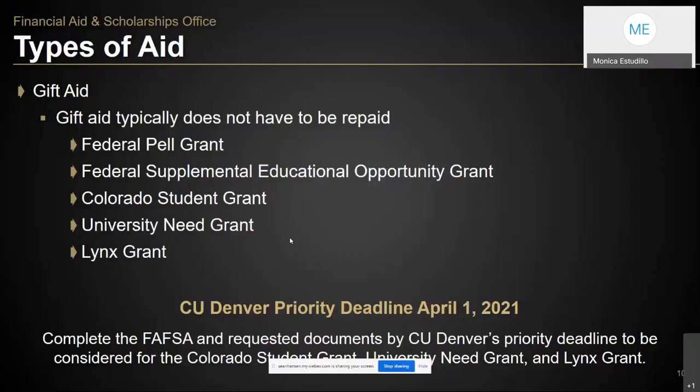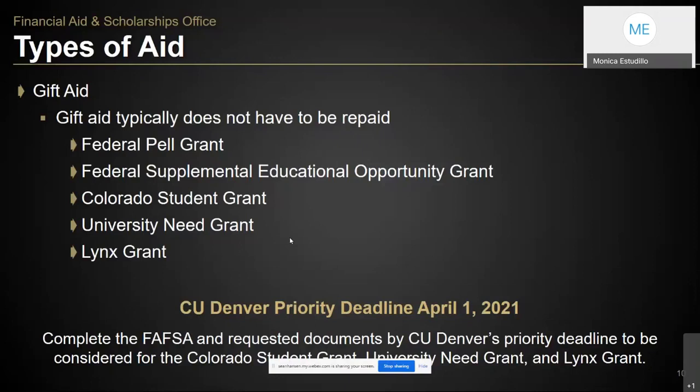Then you also want to factor in how much your tuition and fees are going to be at the school. So that's important. I do also want to touch again on that expected family contribution. It does sound like, oh, your family has to contribute $5,000 for your education. But when you see the EFC, it's not necessarily the amount that you have to pay or your family has to contribute for your education.